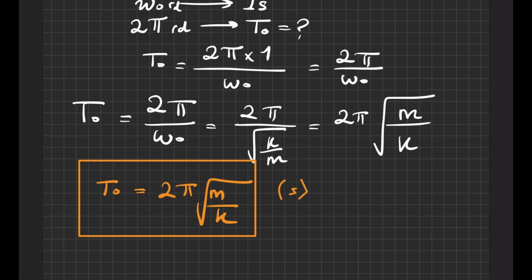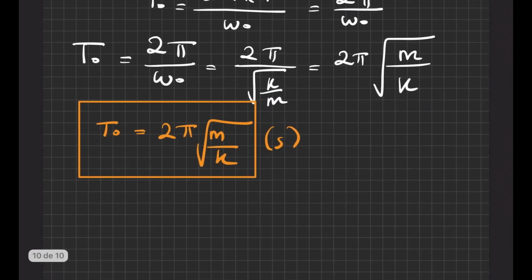Now we got the period T0. The period is in seconds. Now, can we deduce the frequency? Of course we can. The proper frequency equals 1 over T0.